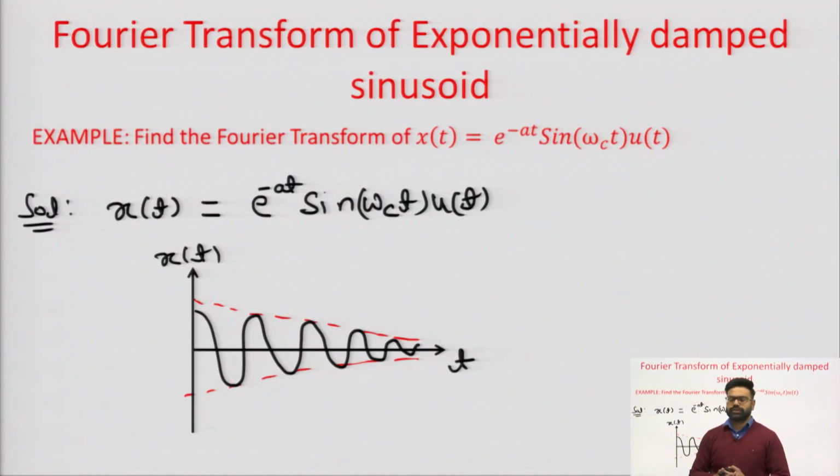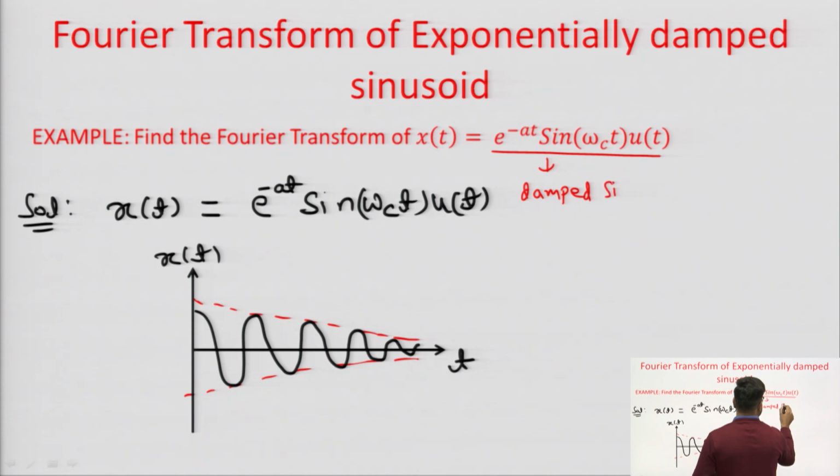Now, the next important signal is e to the power minus a t sine of omega c t u of t. This is known as a damped sinusoid because we have e to the power minus a t.